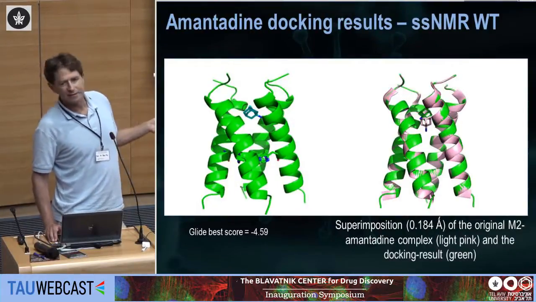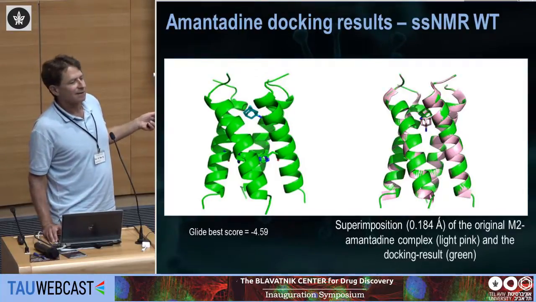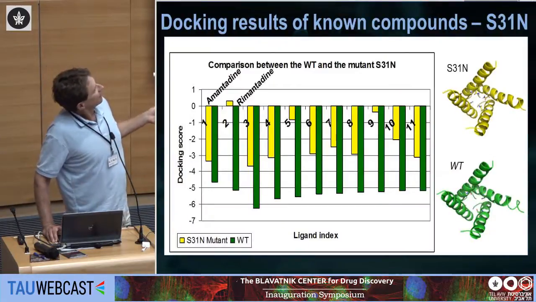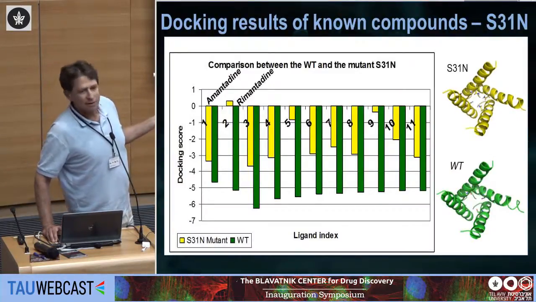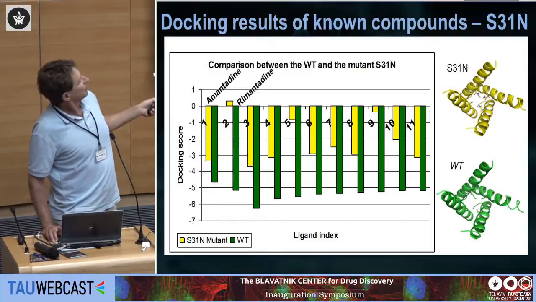So now that she managed to reproduce as much as possible the known co-crystals, she went ahead with some known binders, and that's docking to wild type in green, and you see that all of them dock well.